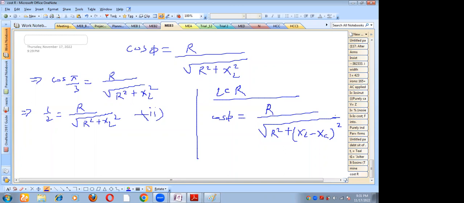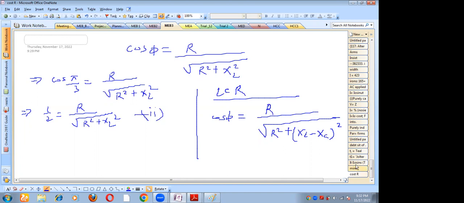So if we know R, XL and XC, we can calculate XL minus XC square. See here what we can write.